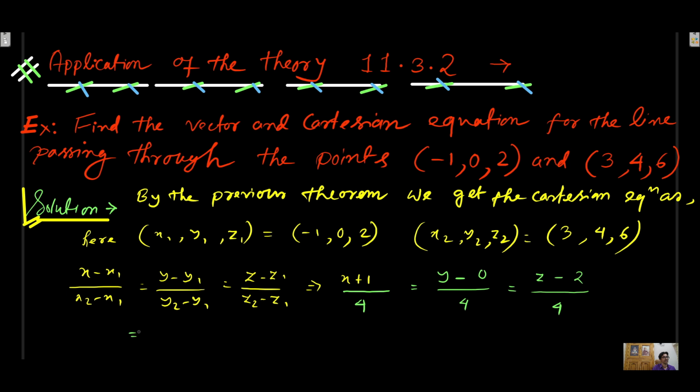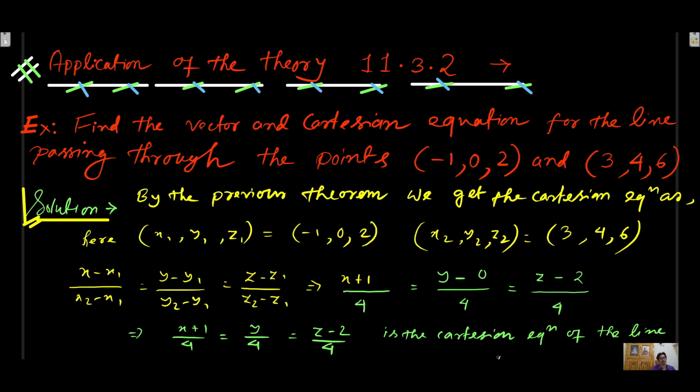So simply (x plus 1) by 4 equals y by 4 equals (z minus 2) by 4. This is the Cartesian equation of the line.